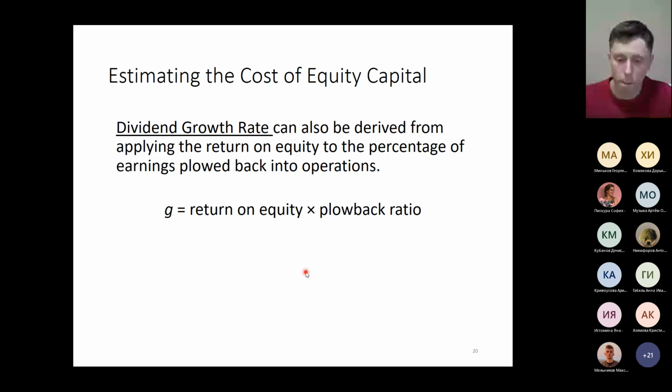So we can imagine a pile of money which increases by some percent every period. And in order to say how fast this pile of money would grow, we must multiply the rate at which this pile grows and the fraction of money that we leave back in this pile.